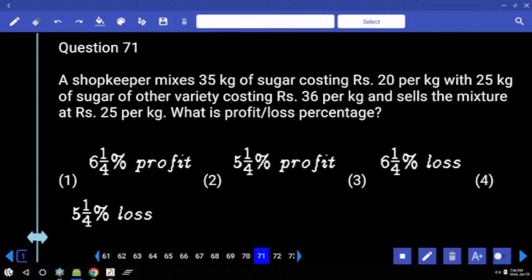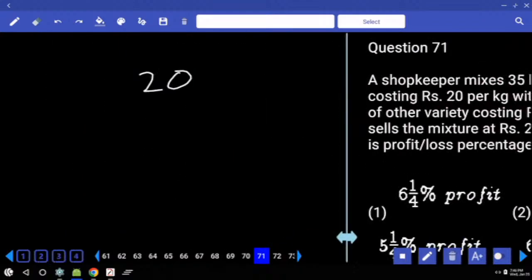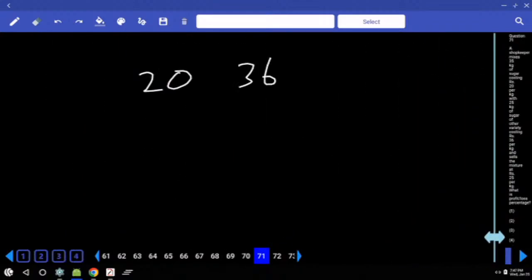What is the profit loss percentage? One variety of sugar is how much price here? 20 per kg. అంటే ఇక్కడేమో 20 per kg. Another variety of sugar is how much? I told you many times, this mean price is what? Cost price. Yes or no?